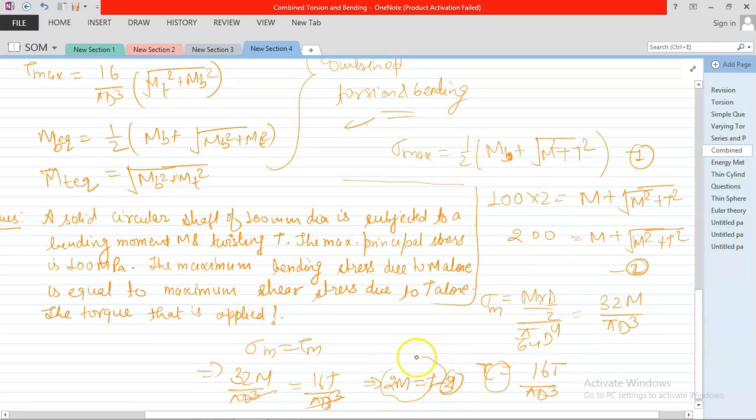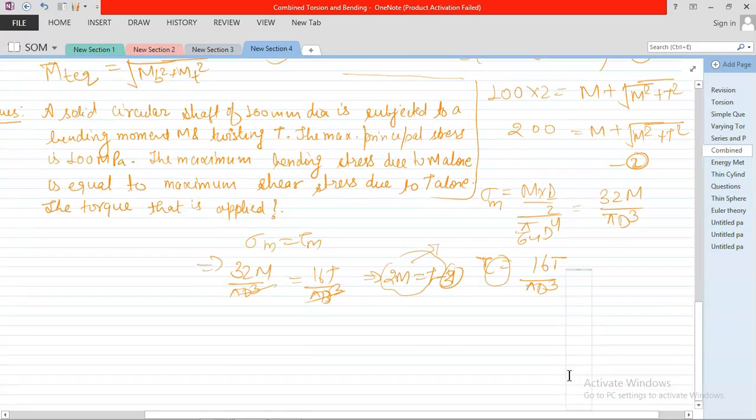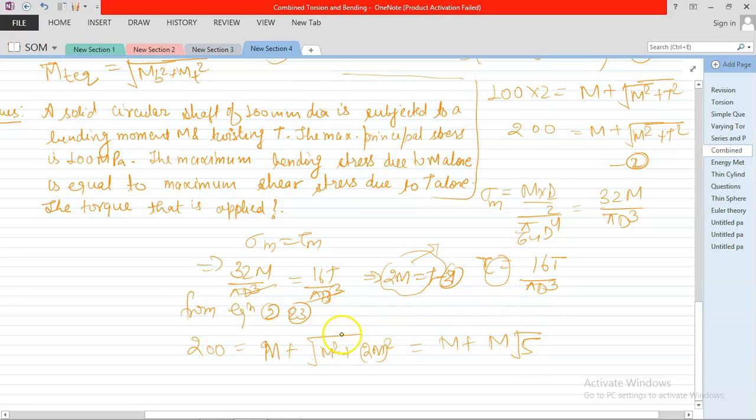So if you put the value of 2M is equal to T, you can directly get, from equations 2 and 3, 200 is equal to M plus under root M square plus 2M square. That means M plus M under root 5. Now what is the value of root 5?